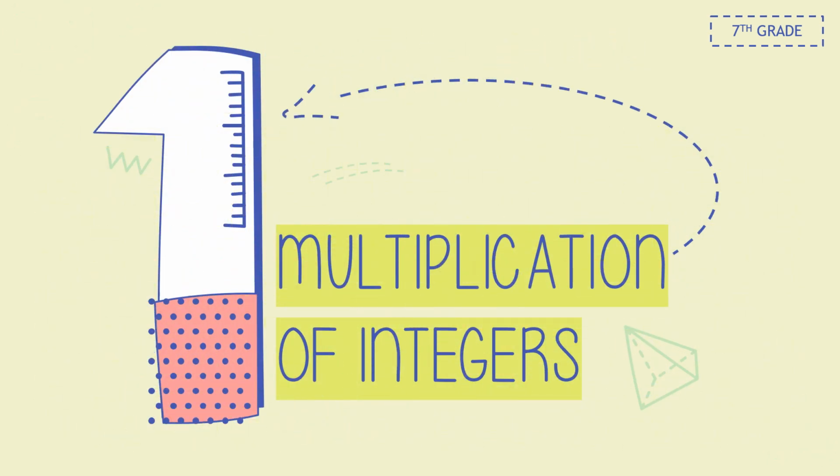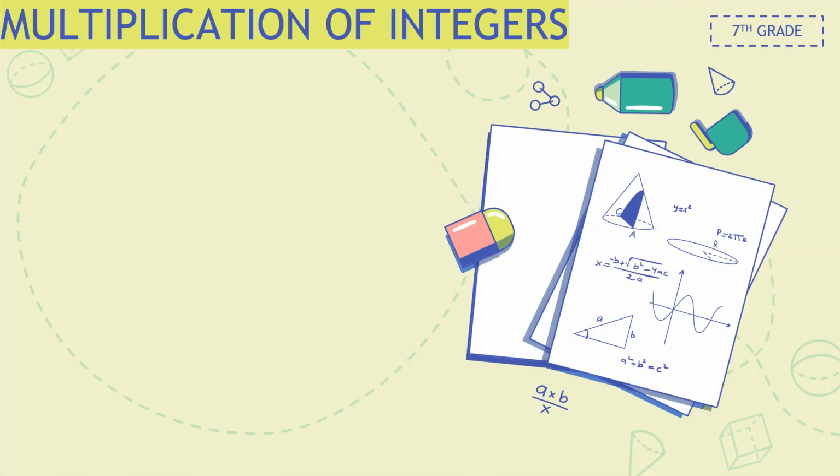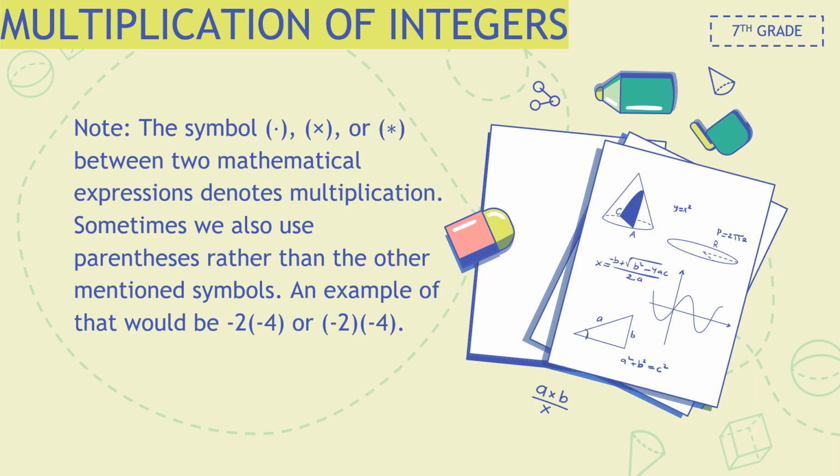First, with the multiplication of integers, we're now going to have some examples. But take note that these three symbols, yung tuldok po, yung multiplication sign, or the asterisk, between two mathematical expressions will denote multiplication as well.